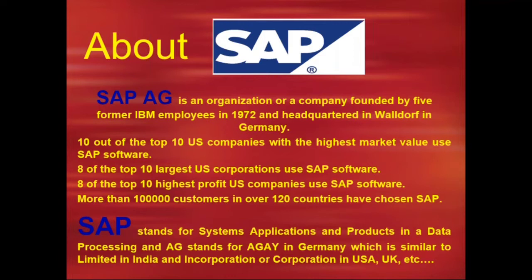Previously they were working in IBM, then they came out of IBM and started this company called SAP AG, located in Walldorf, Germany. So it's purely a German-based company and German-based ERP.